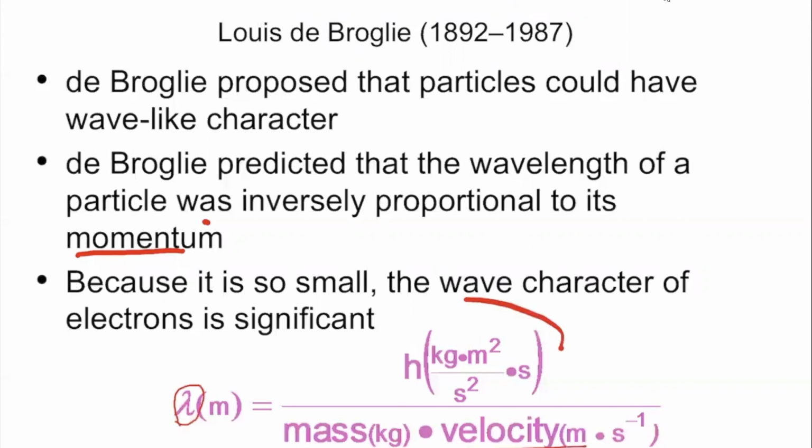Pay attention, the Planck's constant in this case has different units. So let's apply this equation. This equation will be given to you on your exam, so you don't have to memorize these equations. There are a lot of equations to calculate wavelength, but you have to pay attention to what is given in order to determine which equation to properly use.